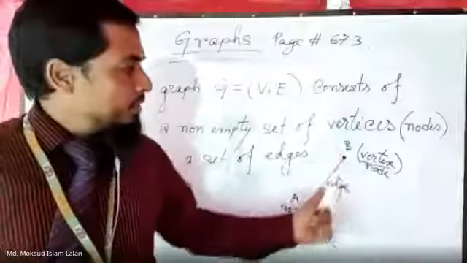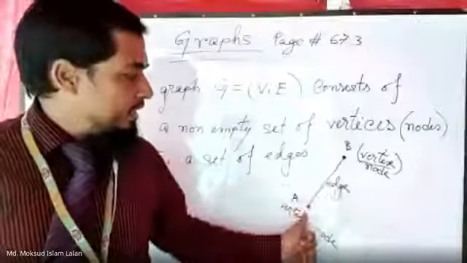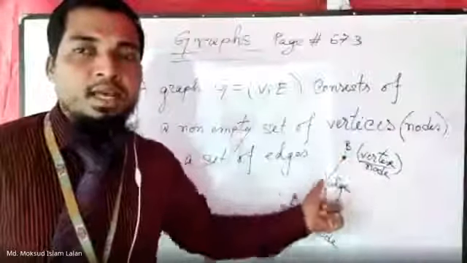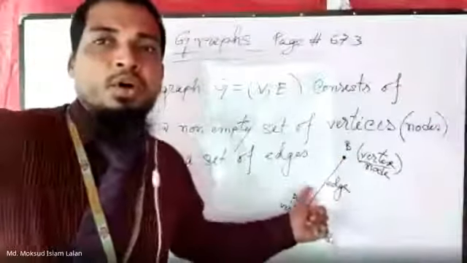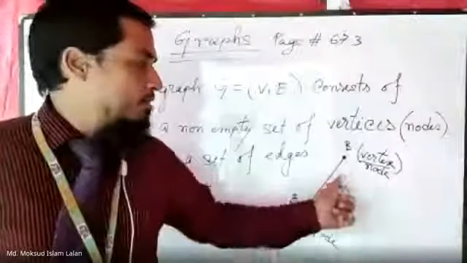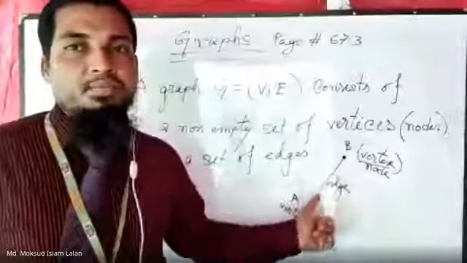A and B are connected by this line. This line is called an edge, also called sides or arms. Do you understand?